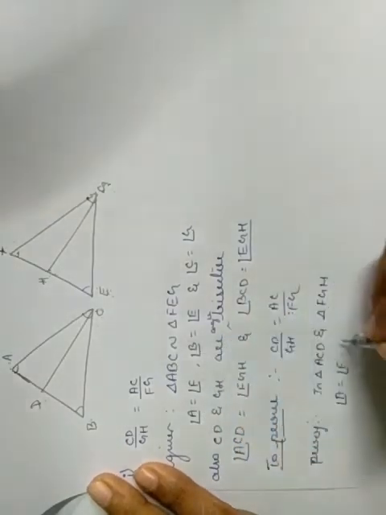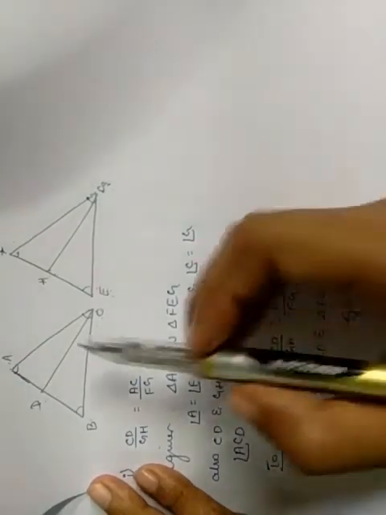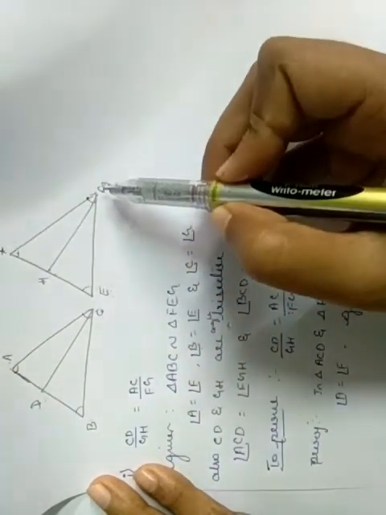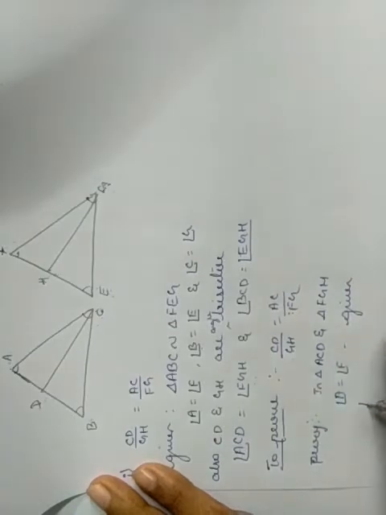It is given, right? So we'll write given. And also in given, you can see that angle ACD is equal to angle FGH. Yes or no? It is also given. So we'll write angle ACD is equal to angle FGH. This is given.